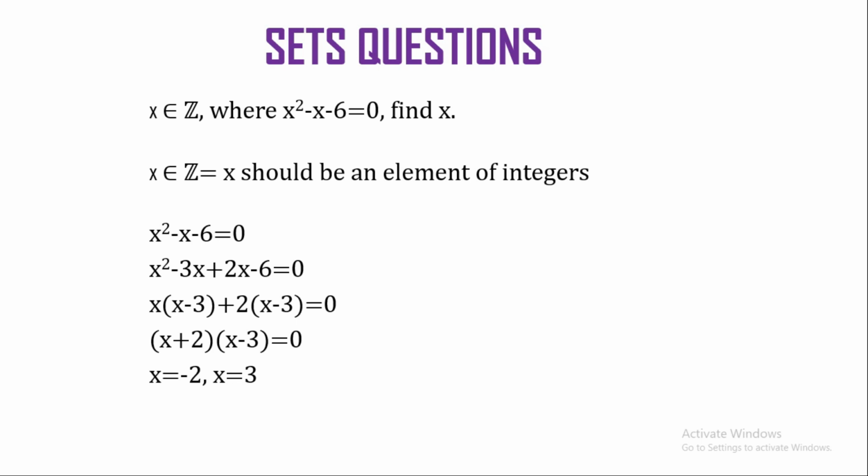So now the decision. Since they said x should be an element of integers, we can see that -2 and 3 are integers, right? They are part of integers. So your answer, x should be a set containing -2 and 3.